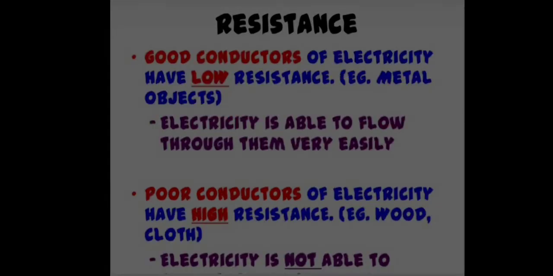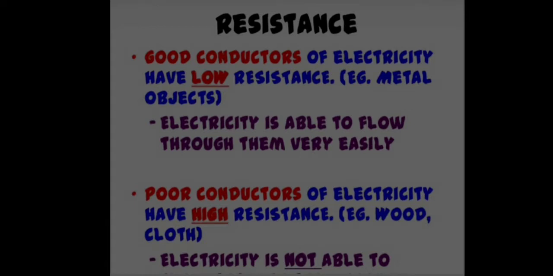So there are two types of conductors. We know that one is a good conductor, another one is a poor conductor. When a conductor has low resistance, the electric current flowing through the conductor is high, right?